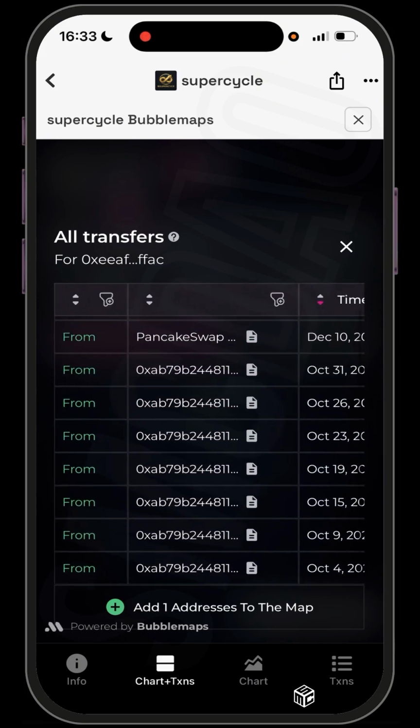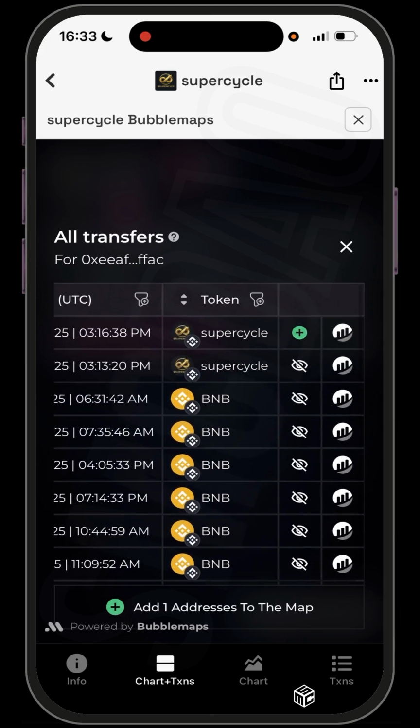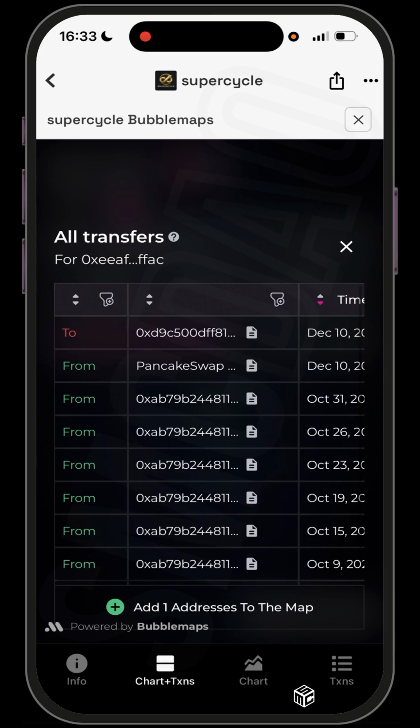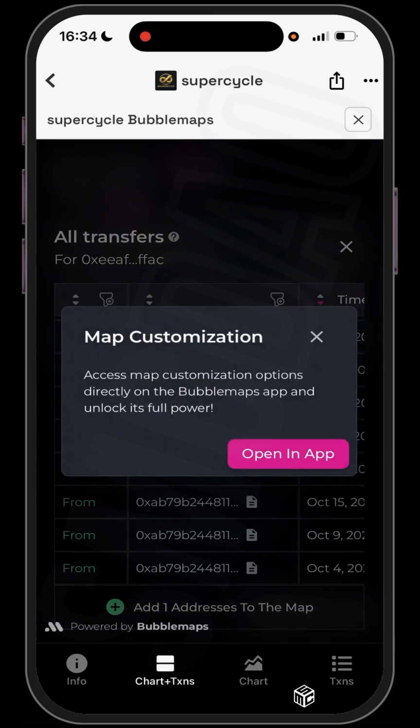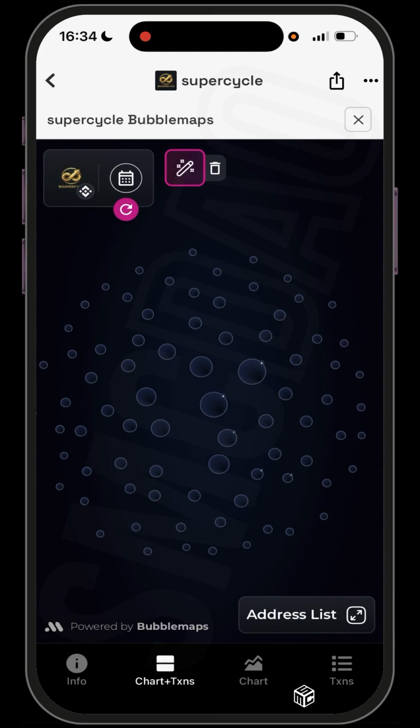So this is all the transfers for this particular address. This was sent in and this was sent out. The red means it was sent out. You can see everything that was sent out. Super Cycle was sent out to another address, and you can also track most of the transactions right here.